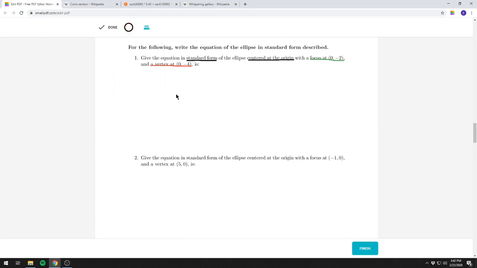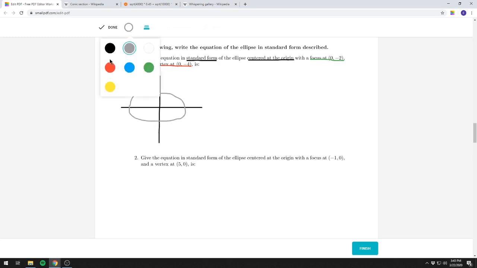Okay. So what you really want to do is kind of just sketch out a little picture here. You're not going to be able to draw much of it, but you know that it's an ellipse. It's centered at the origin. So don't make too much fun of my drawing. That's my ellipse. It has a vertex at 0, -4, which is right there.